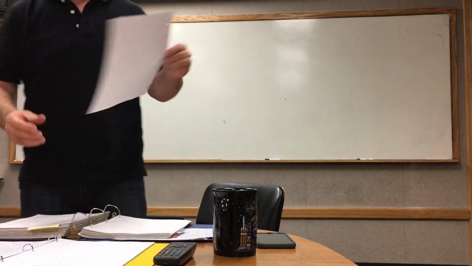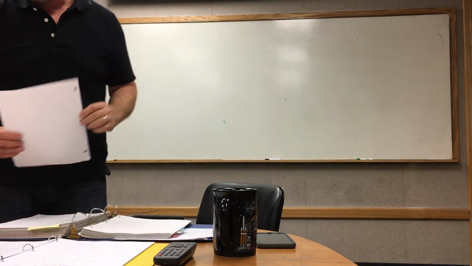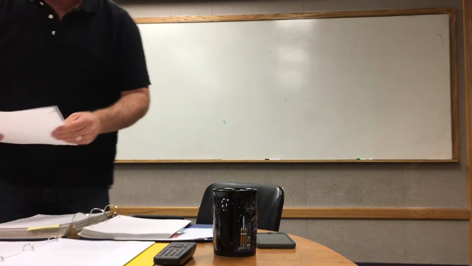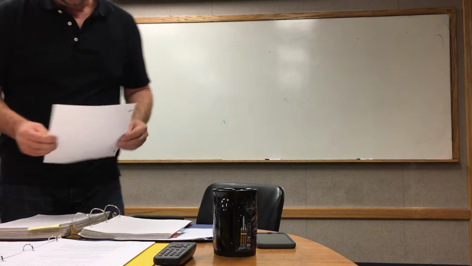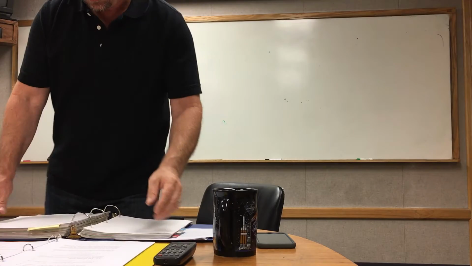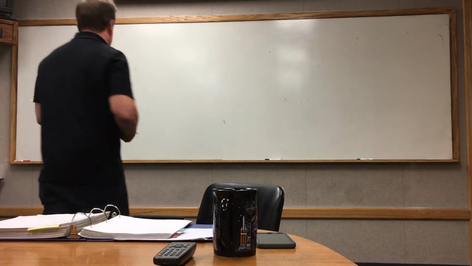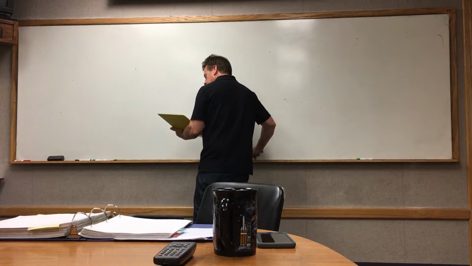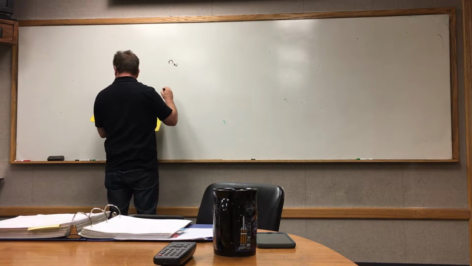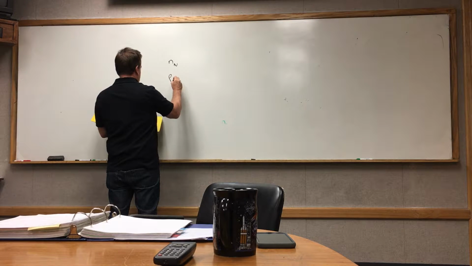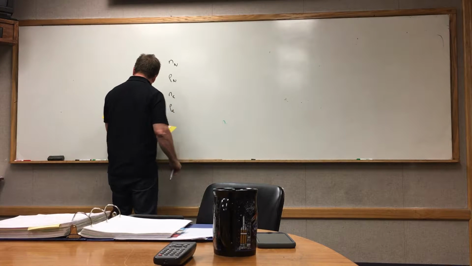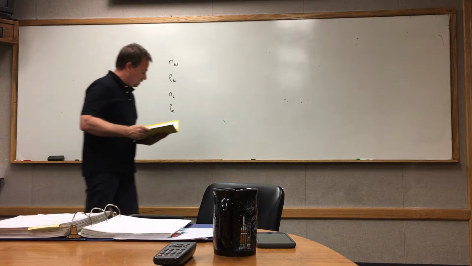All right, we are on number densities, mass densities, and mass fractions. Let me define some things for you: N of capital N, rho of capital N, N sub E, and rho sub E. What do you think this is?